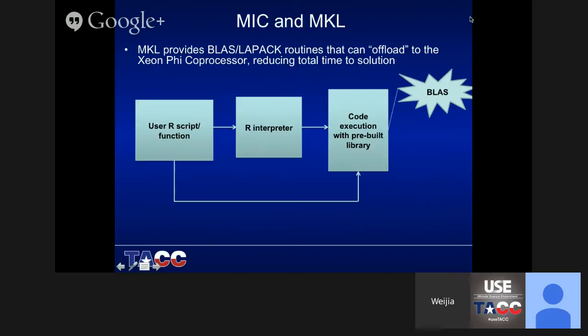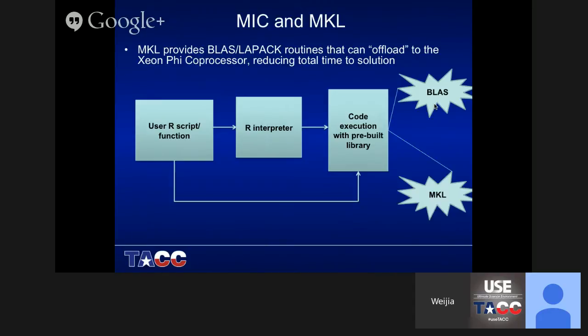For the Intel Xeon Phi card, which we refer to as MIC, the Math Kernel Library is a specialized library that provides a lot of linear algebra computation support. Typically, if you run R on your own laptop, it may be linked to a library called BLAS for those kinds of computation.